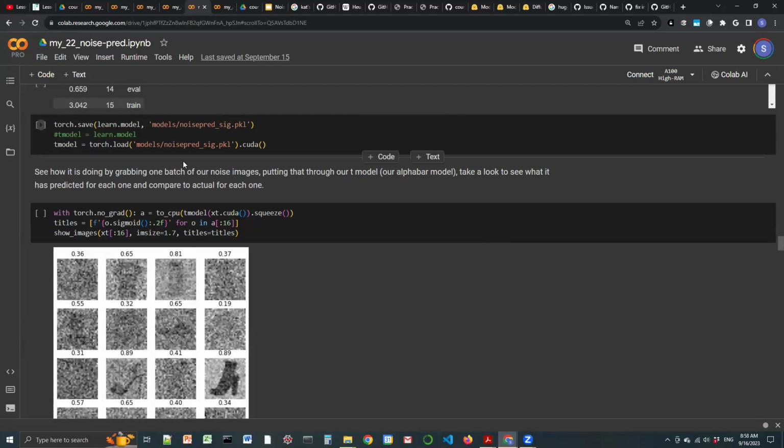But again, as I said, this is more of a research direction that he was trying, saying, oh, I just think that providing the noise or the time step with the noise image is not necessary.